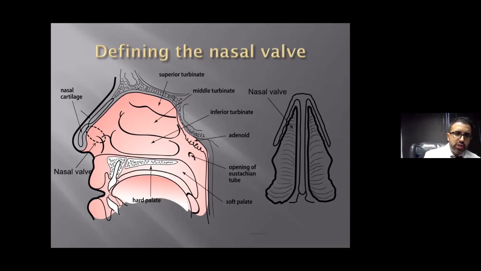When air goes in the nose, it goes in the nostril, and this is basically a split view of the head. So air is going in the nose, and then it typically will travel on the floor and go down into the lung. The image on the right shows a cross section between the tip of the nose, and basically the septum's in the middle, and the space in between this triangular shaped cartilage is our airway.